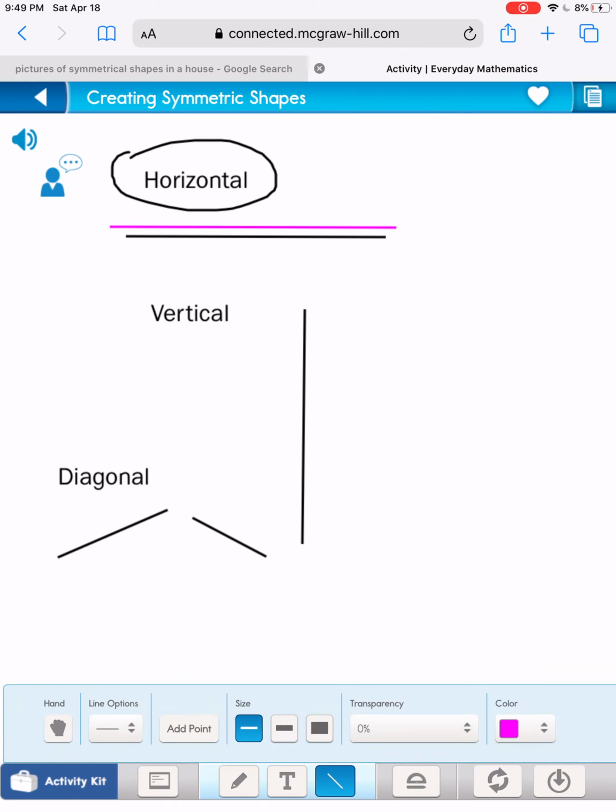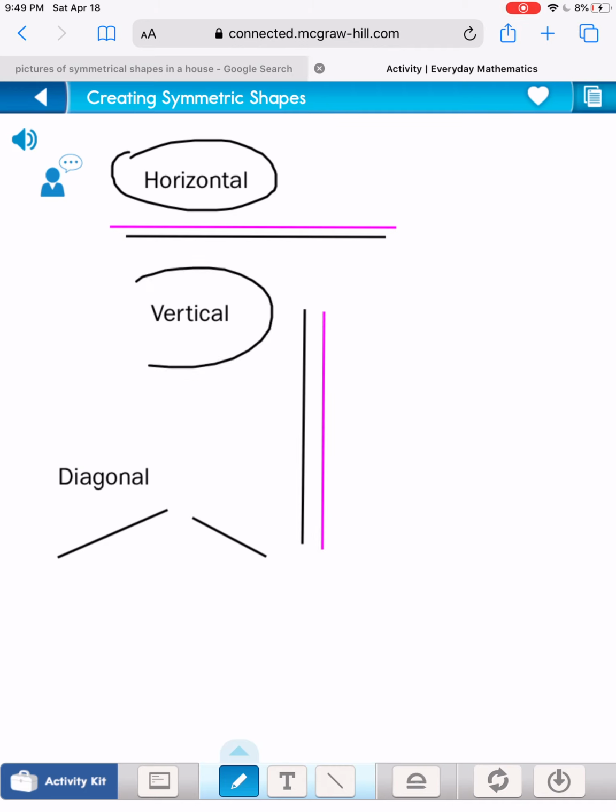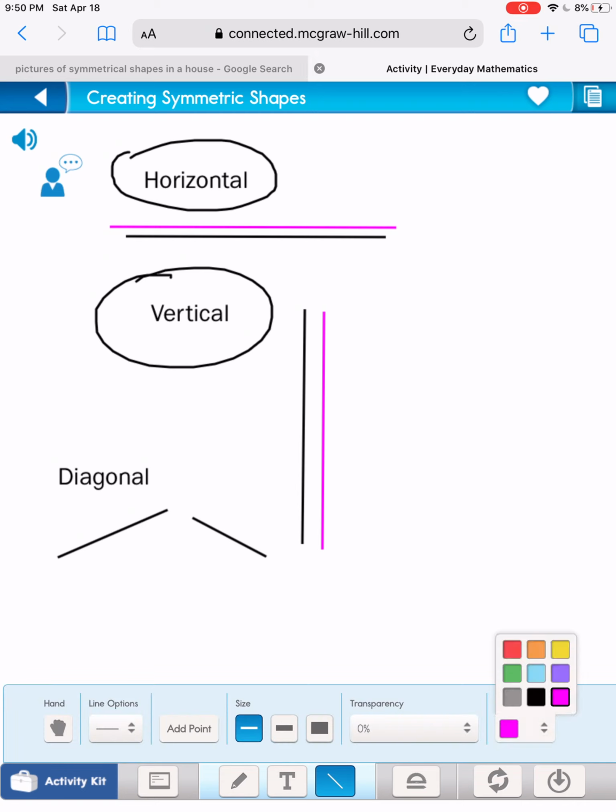Then we had a line of symmetry that went up and down. We would refer to that as a vertical line. And then some shapes, my TV did not have these, but some shapes have diagonal lines of symmetry, which look like that.